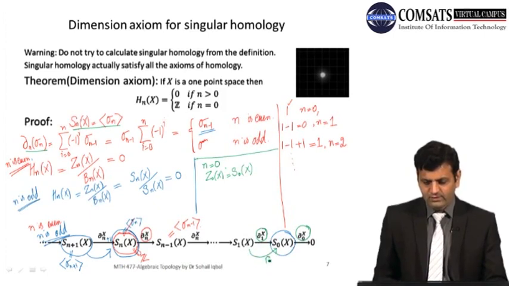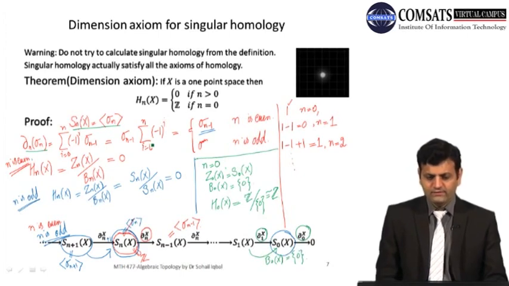So B_0(X) is equal to 0. So we can say that H_0(X) is equal to Z, the rank of S_0(X), quotient with this 0 group, and so this is isomorphic to Z.